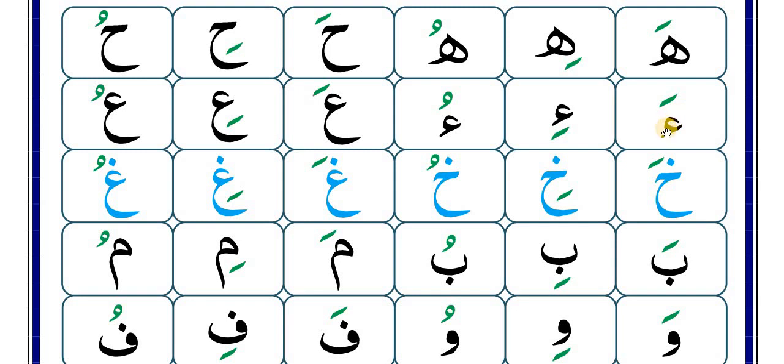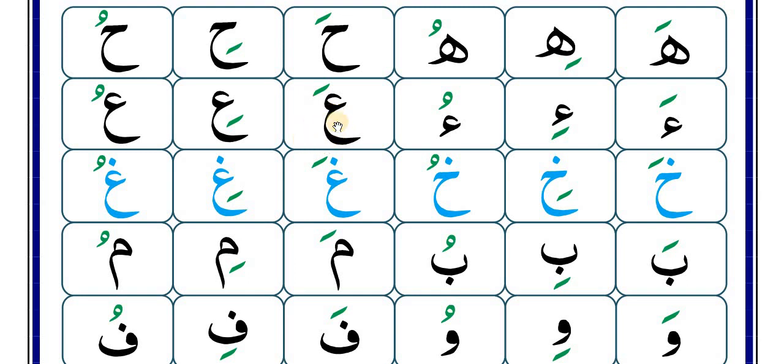Next is hamza. Some people pronounce hamza and ain with the same sound. No, we shouldn't read hamza and ain with the same sound. We will make a difference between hamza and ain. So repeat after me. A, e, o. A, e, o.